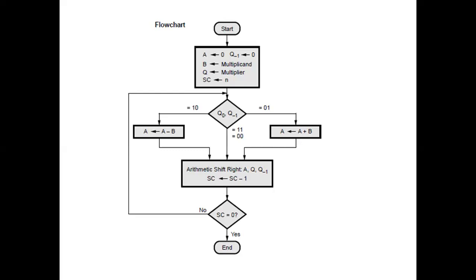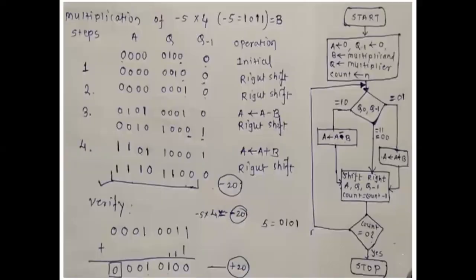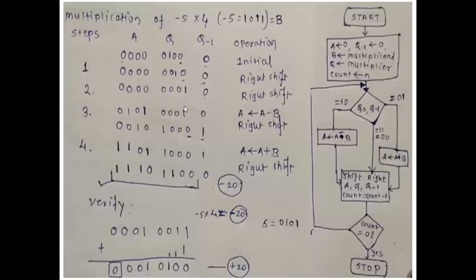Let me discuss a sample example. Here we are going to multiply minus 5 into 4. In this case, the B register contains the multiplicand, so the value minus 5 is converted into binary and stored in the B register.